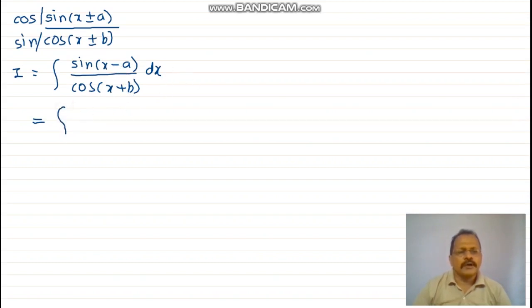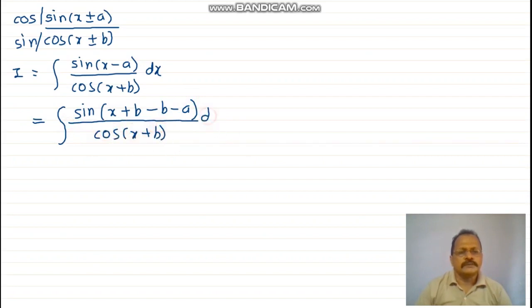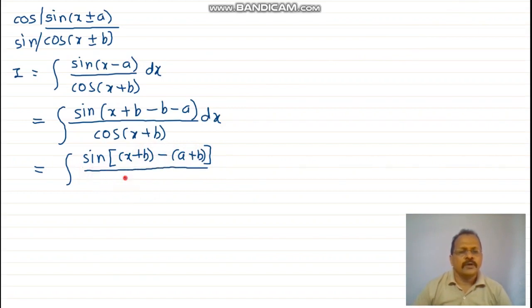So here what I will do is write sin of (x plus b minus a plus b) divided by cos of x plus b dx, equal to the integration of sin of (x plus b minus (a plus b)) divided by cos of x plus b dx.